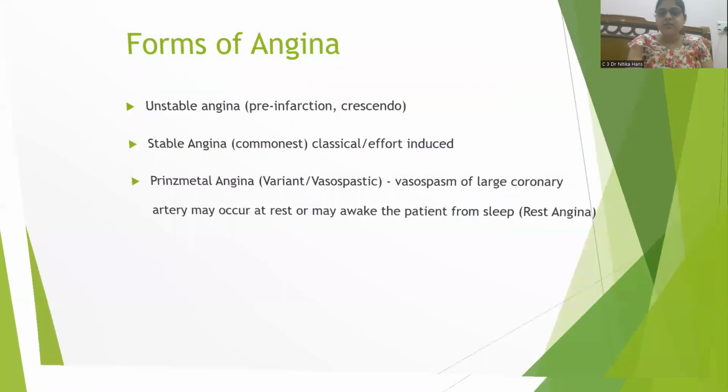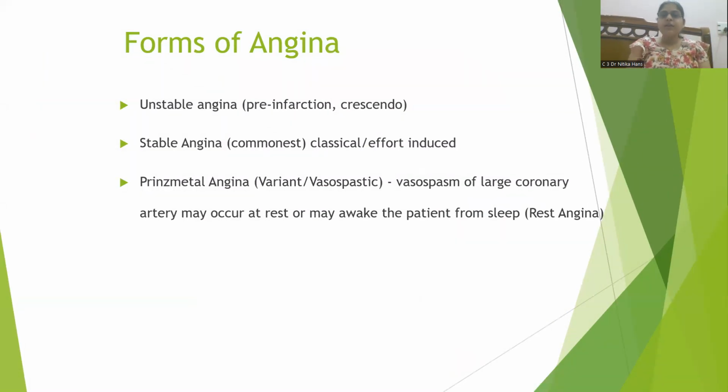Now, the forms of angina. It can be divided into unstable angina, which is pre-infarction or crescendo; stable angina, which is the commonest, classical, effort-induced form; and Prinzmetal's variant, which is spastic or vasospastic. Stable angina is when the patient is normal at rest, with no chest pain at rest, but the pain occurs on exertion, when the patient is doing some exercise.